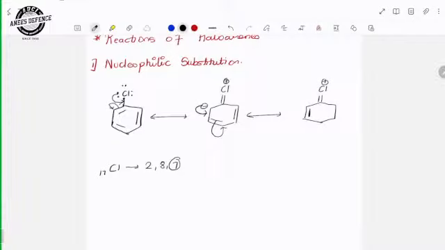This pi bond has shifted to the para position, so we get a negative charge over here, and the pi bond here stays as it is. Again, the negative charge will shift to this position, and this pi bond will shift over here to the ortho position. So we get a resonance structure which is somewhat like this.